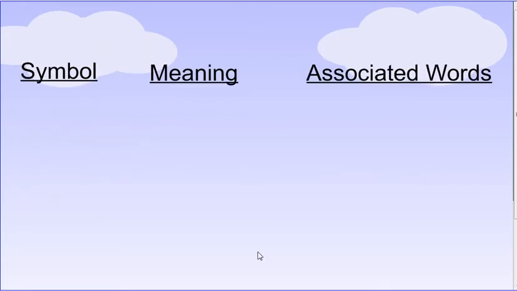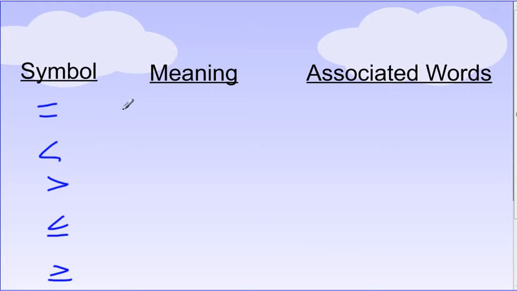Now in the vocabulary box, we have a place for our symbols, the meanings, and some of the words that kind of mean that. So let's first put down our symbols. We have the equal sign, a less than, a greater than, a less than or equal to, and a greater than or equal to. These 5 different symbols are the symbols we'll be using today.